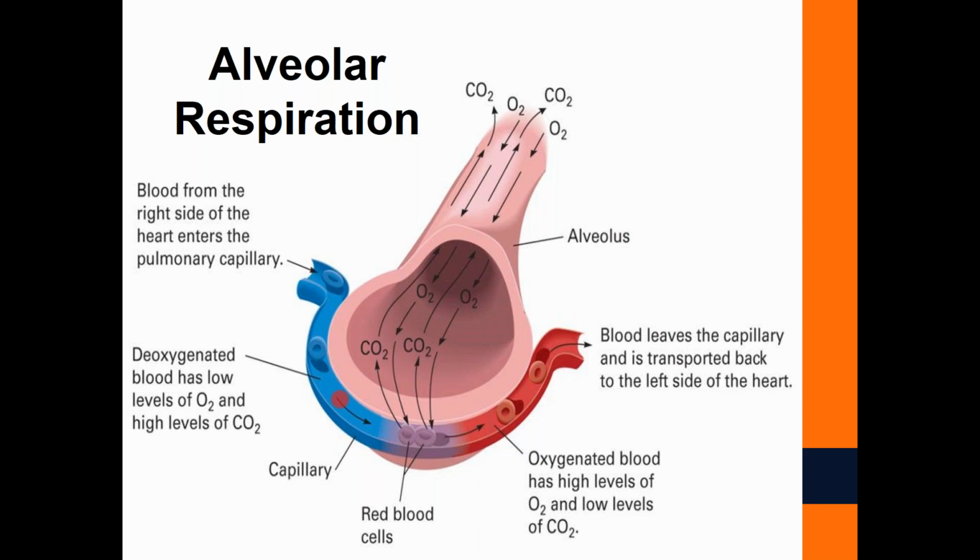And if that blood is deoxygenated, it's returned from the body and it's looking to pick up some more O2. That means it has a very, very small amount, if any, oxygen attached to the hemoglobin molecules in the blood. And if CO2 is the byproduct of cellular respiration, it's got a lot of carbon dioxide. Inside of that alveoli, what do we have a lot of? Oxygen.